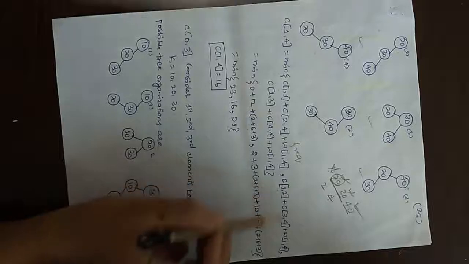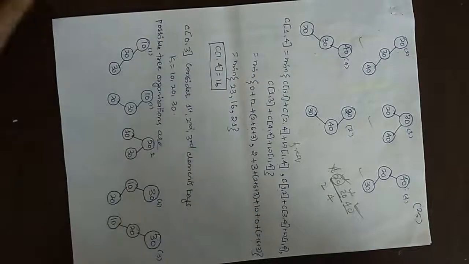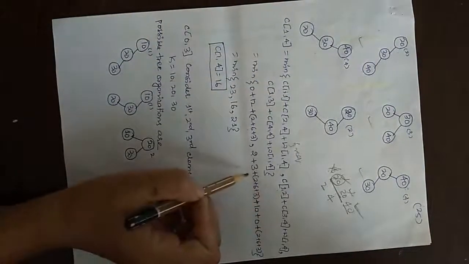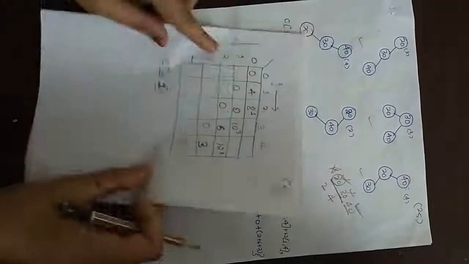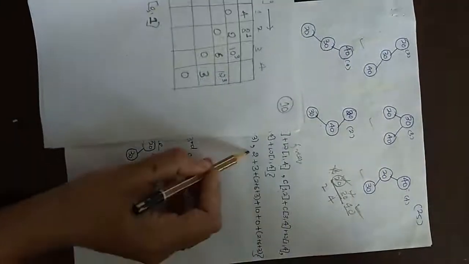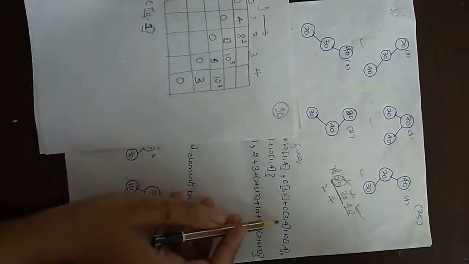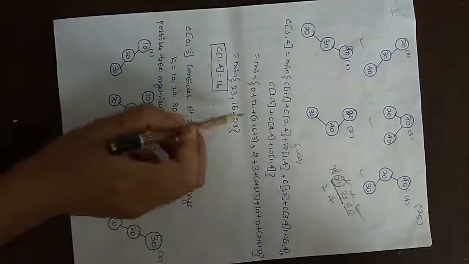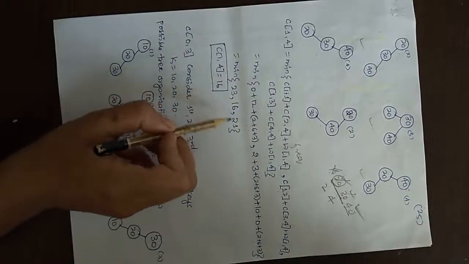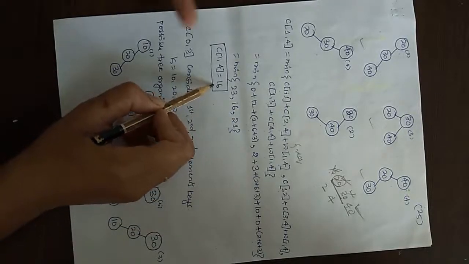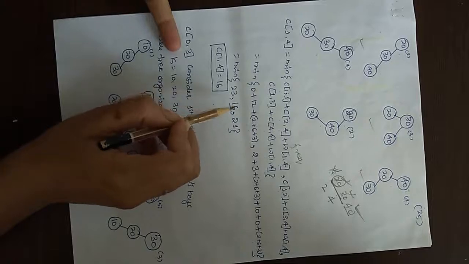Next, C of 1, 2 here is 2. Plus C of 3, 4. 3, 4 is 3 here. Plus W of ij. So in these all 23, 16 and 21, 16 is the minimum. 16 means it is coming from the second term.